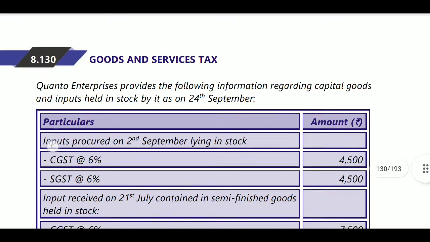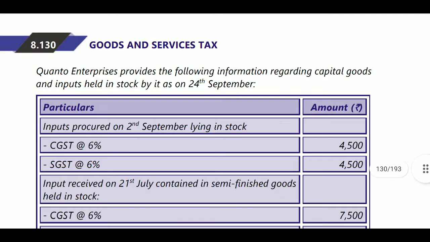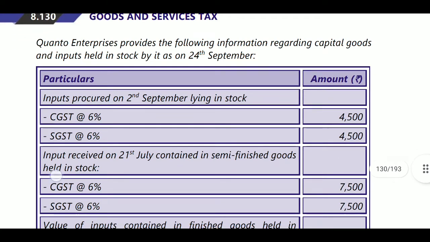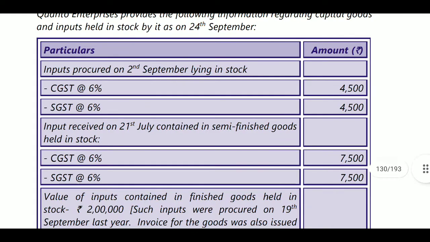Okay, Quantama Enterprise provided some information. What information was it providing? It related to capital goods and input held in stock as of 24th September.